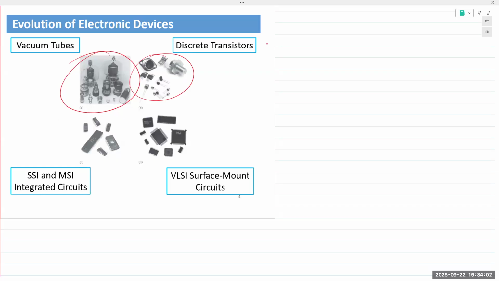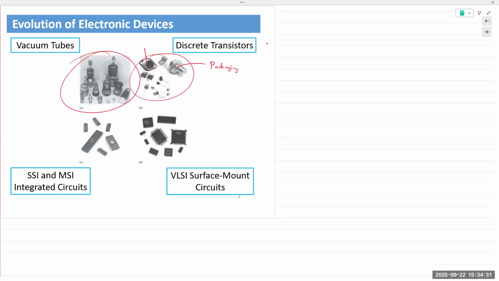Okay, so all of this that you see in there is simply packaging. All right, the reason for the different kinds of packages, first is standardization. And the second is, of course, depending on the power handling capability, we need large heat sinks attached to them. And so this is an example of a power transistor. You can attach it directly onto a heat sink for dissipating large amounts of heat.